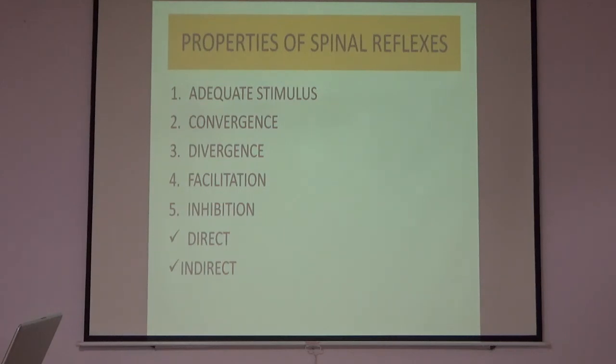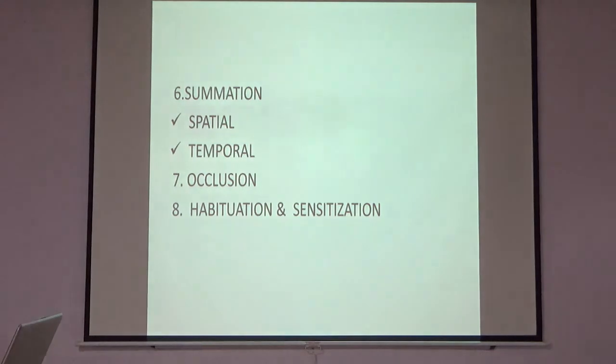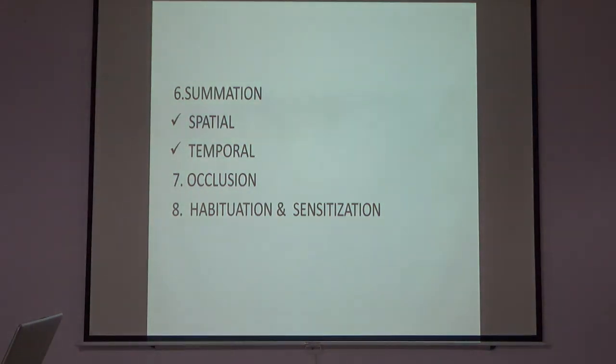Then summation, and in summation we have spatial and temporal summation, and then occlusion. Here, when an afferent neuron is stimulated, it activates motor neurons present in its discharge zone, while it brings motor neurons present in the subliminal fringe, that is the peripheral zone, to a partially excited state. When the discharge zone of a neighboring afferent neuron overlaps, occlusion occurs.